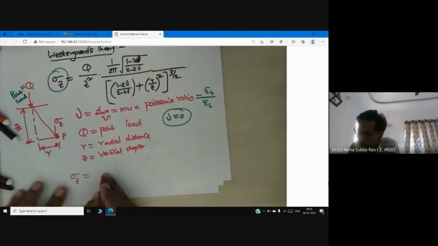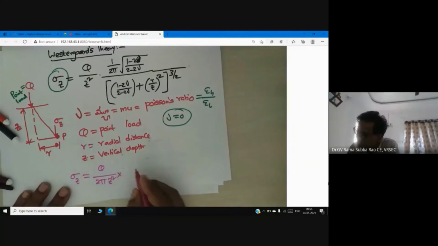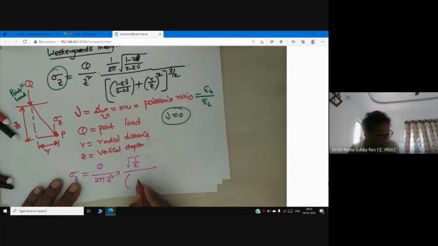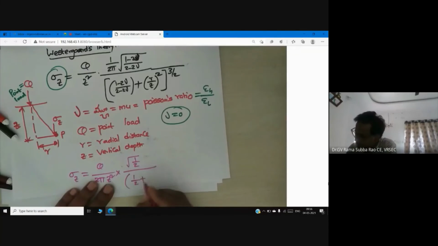Sigma z is equal to q by 2 pi z square, and it is going to be square root of 1 by 2 over 1 by 2 plus r by z square whole power 3 by 2.